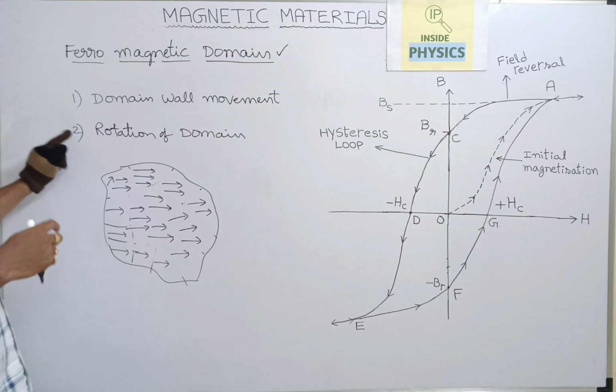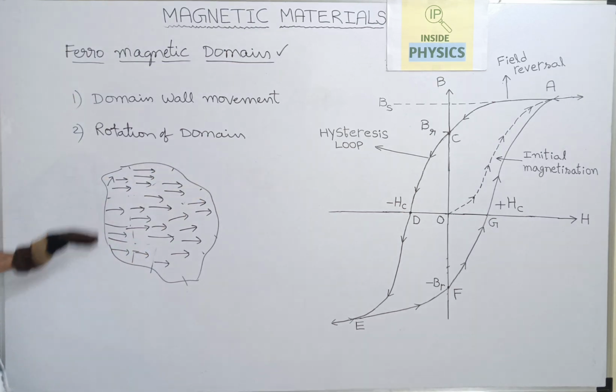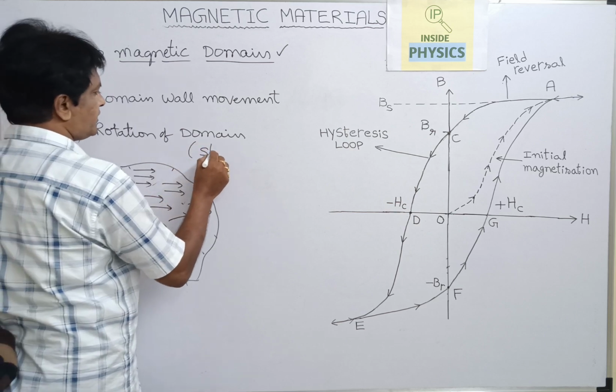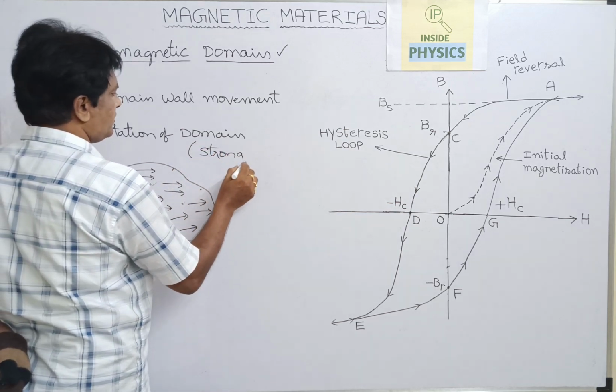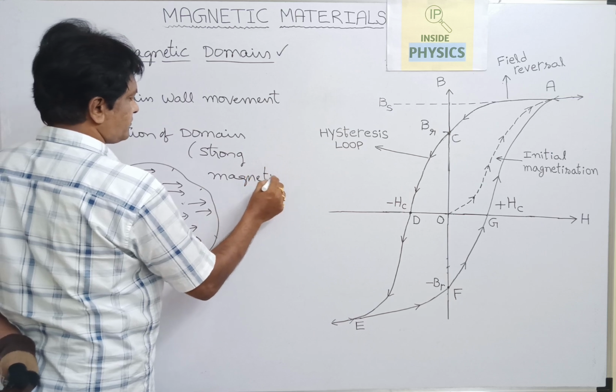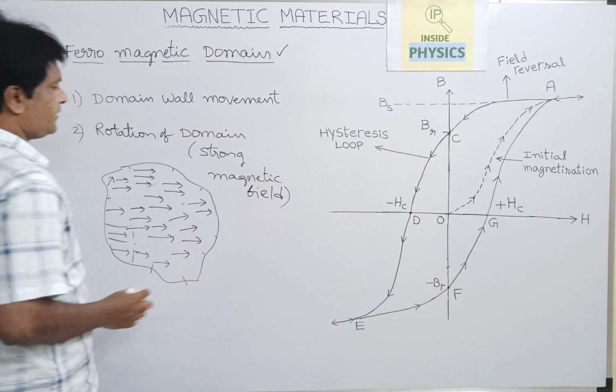So the next one, rotation of domains, or orientation. How will this happen? This will happen in a strong magnetic field. When a strong magnetic field is applied, what happens?